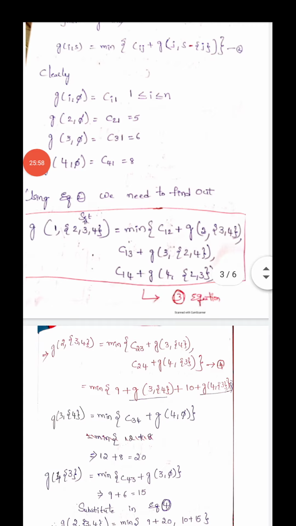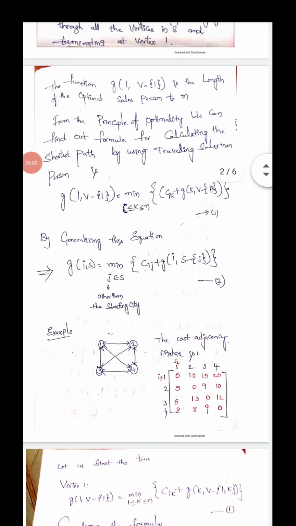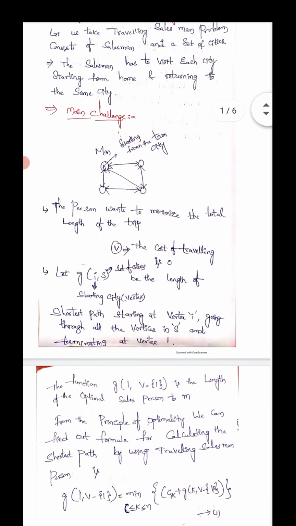The main challenge of the traveling salesperson problem is that the salesperson has to visit each city, starting from the home city and returning to the same city. The person wants to minimize the total length of the trip.